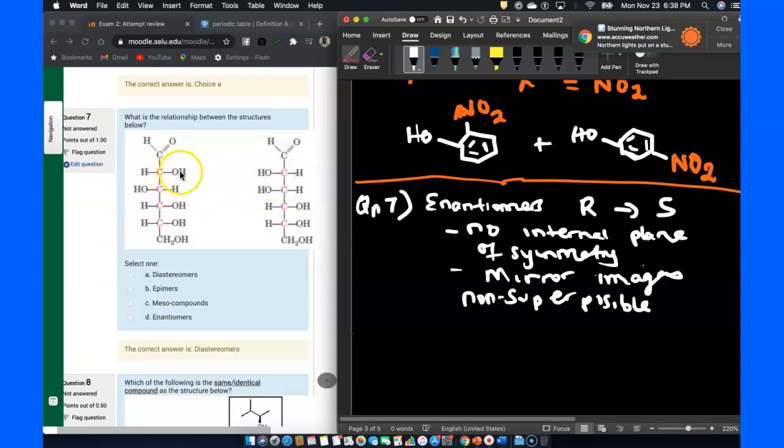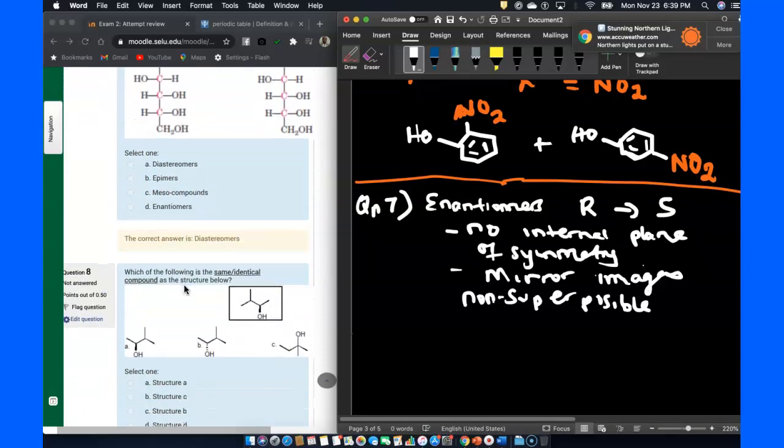This is on the right, this is on the left. So the first 3 pink carbons, reading from down, have the OHs on similar sides. But the last one next to the aldehyde, they are opposite. So you see some of the stereocenters are kept, one is switched, so this has to be diastereomers.